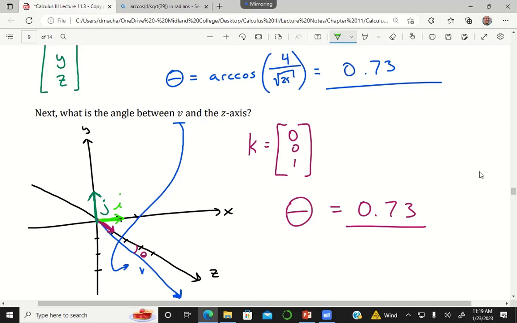So that's our convention. Exactly. And if you wanted to do the negative axis, then you take negative i.